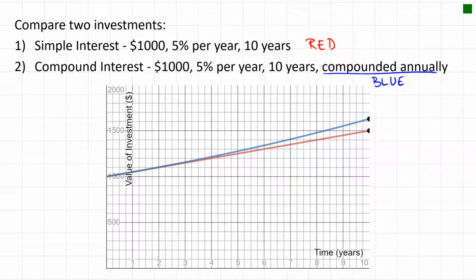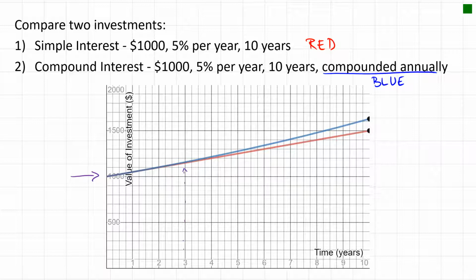So at the beginning, both investments start at the same amount, $1,000. And after even 2 or 3 years, they don't look that different. But in the blue case, as that interest gets reinvested into the principal, you get more and more interest as that principal rises with each calculation.